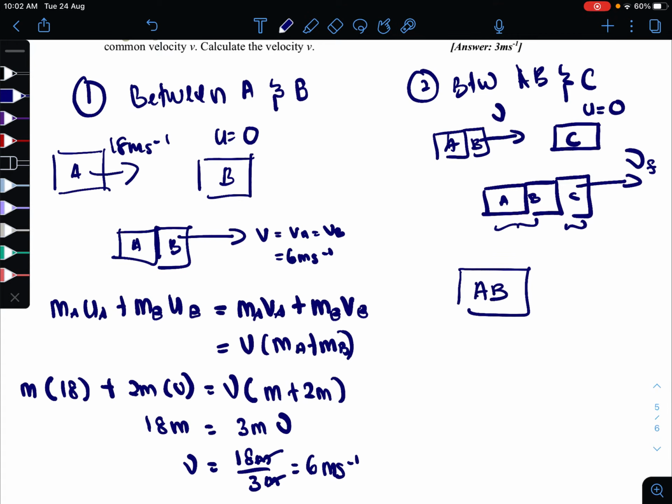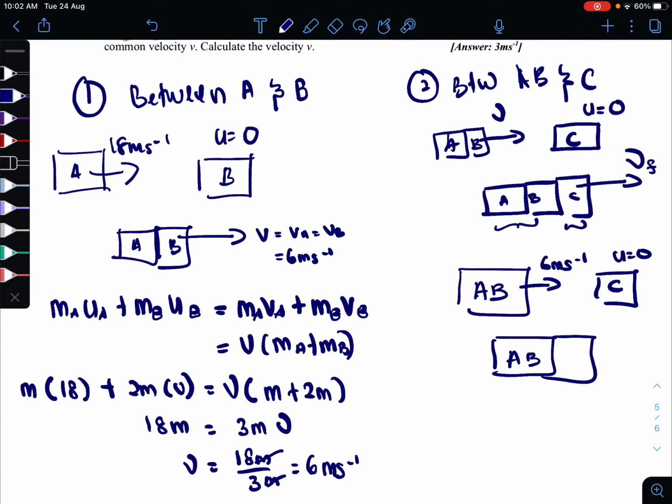Now A and B is a new system, we call it AB. They are moving with a velocity of 6 meters per second and they collide with C, which was initially at rest. After the collision, they stick together and move with one final velocity. So we want to find this final velocity.